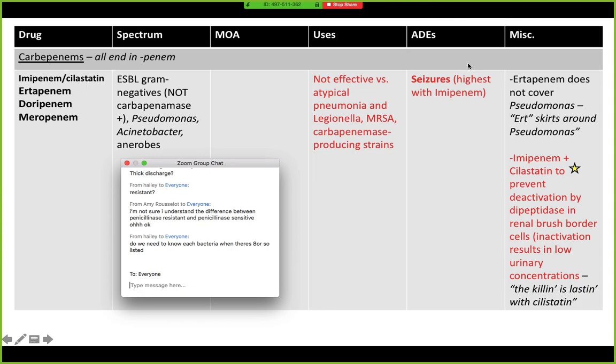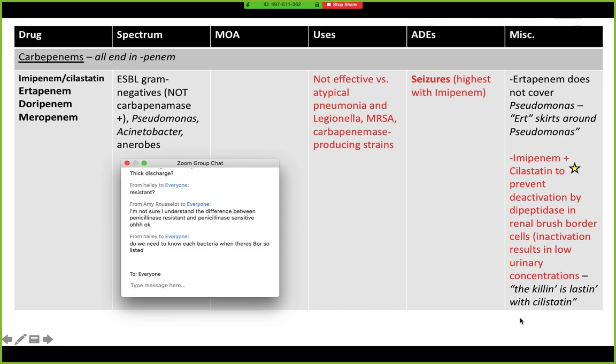A very common adverse effect with carbapenems is seizures, and that's highest with imipenem. One last thing: cilastatin is added to imipenem to prevent deactivation by dipeptidase in the renal brush border cells. So you add cilastatin to prevent imipenem from being deactivated.